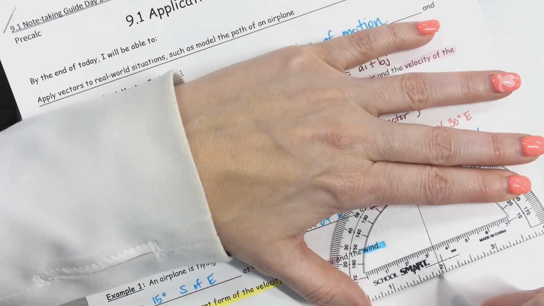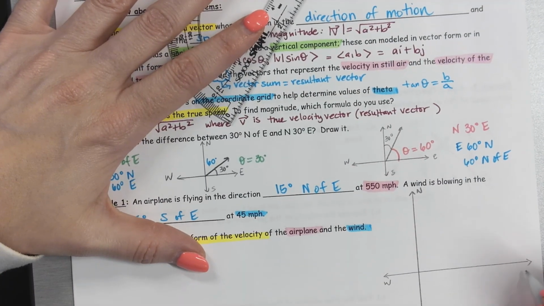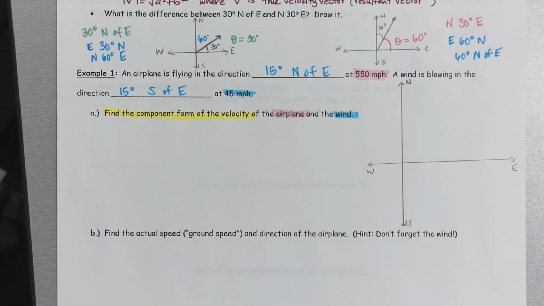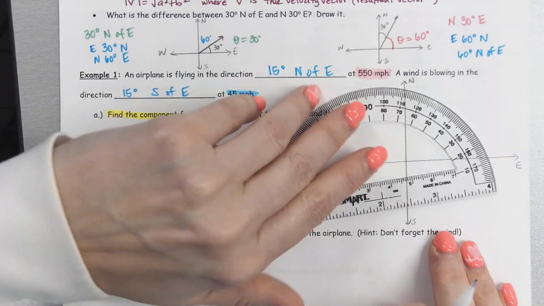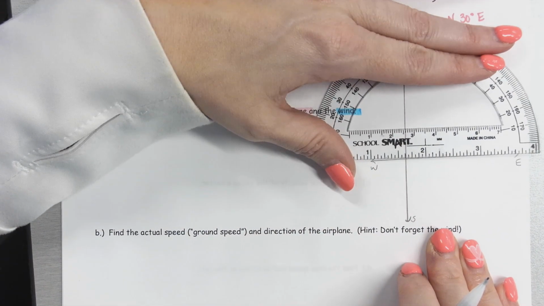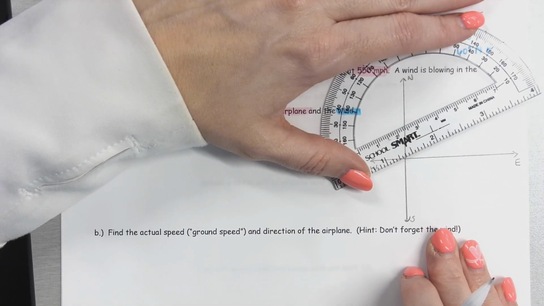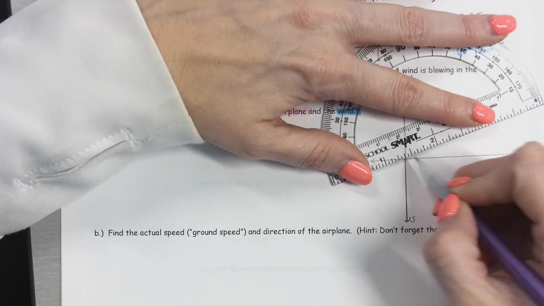I'm going to start with our grid. Okay, so if it's 15 degrees north of east, that means you're adjusting 15 degrees north of the east line. So if this is about 30, about half of it will be the 15.